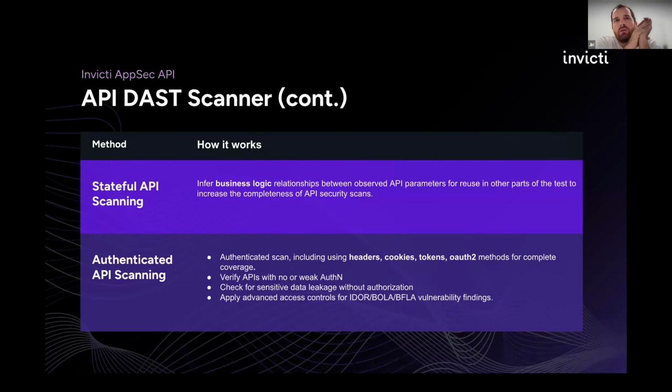It's quite important in the context of BOLA and BFLA types of checks, because those actually require providing two sets of credentials so that we can compare: is there a BOLA problem or not, right? Is Dawn able to access my data or not? So in order to achieve that, the customers or the AppSec team can set up headers, cookies, tokens, different methods, including OAuth 2, to set up an authenticated scan.